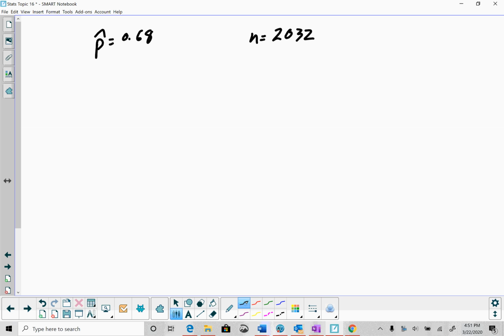So the first thing we need to do is figure out the standard error. To do that, we're going to take the p hat value, the 0.68, and multiply that by 1 minus that. So the complement would be 0.32, divided by 2032.